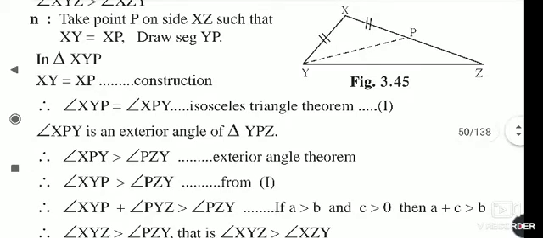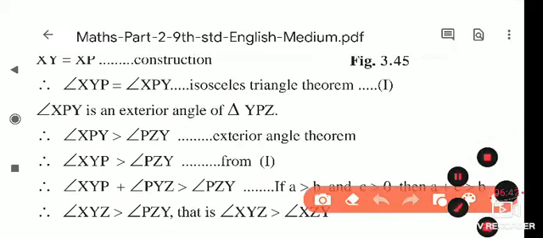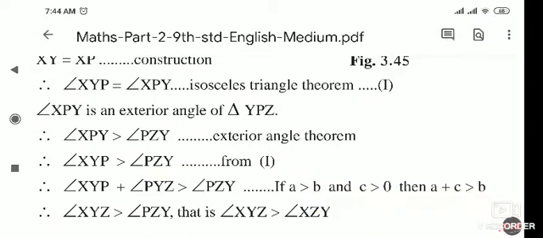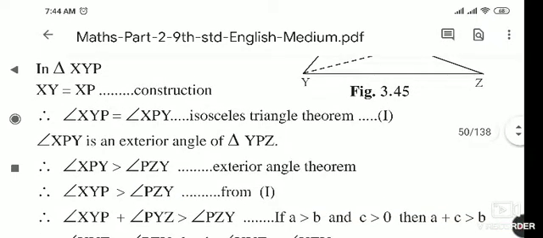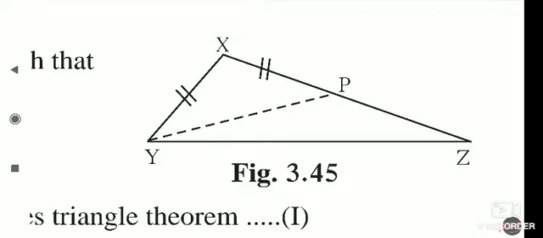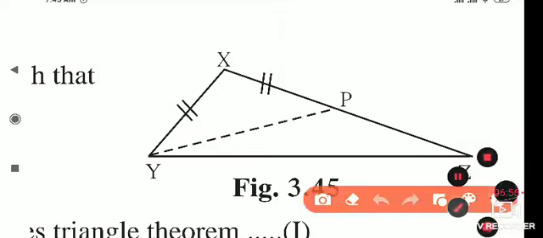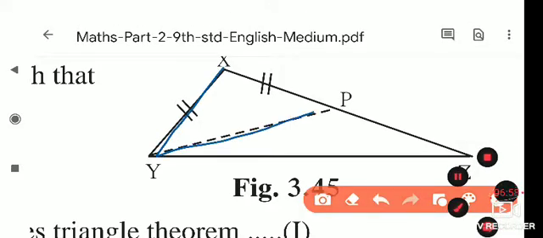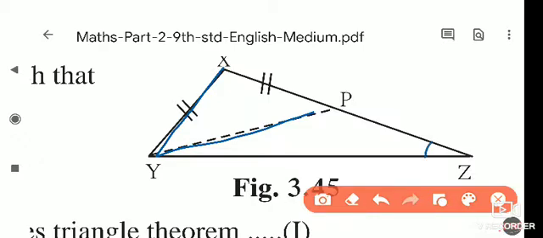Now next, what they told: measure xyp is greater than pzy. One angle we have to add in this. Which angle? So now we proved that this xyp is greater than pzy.